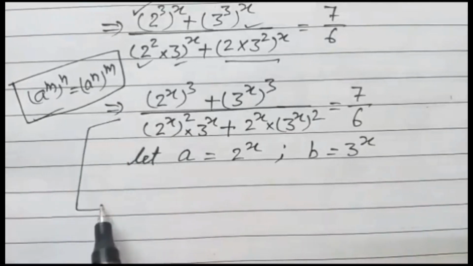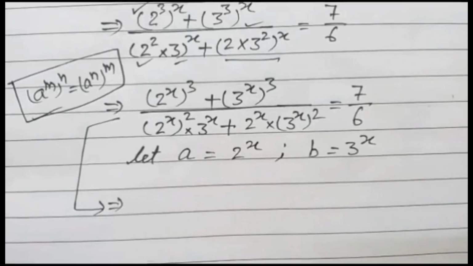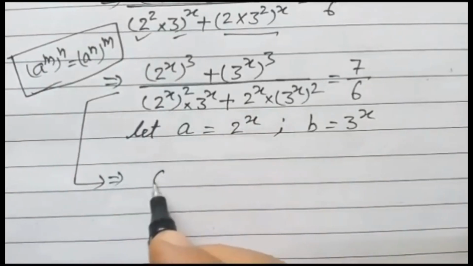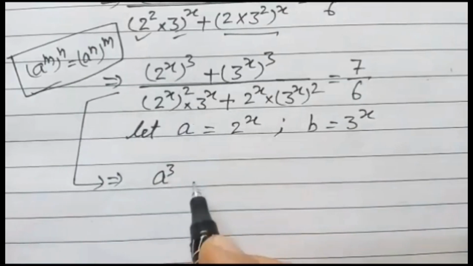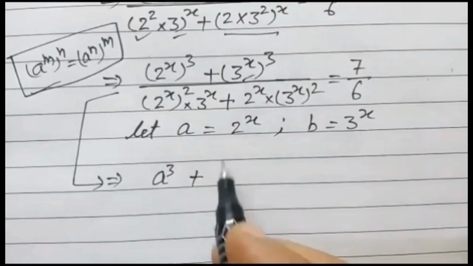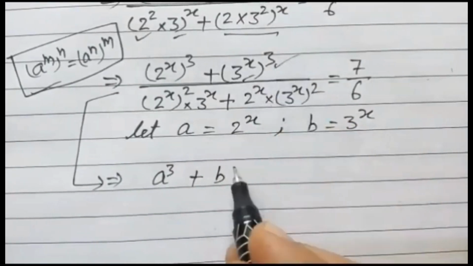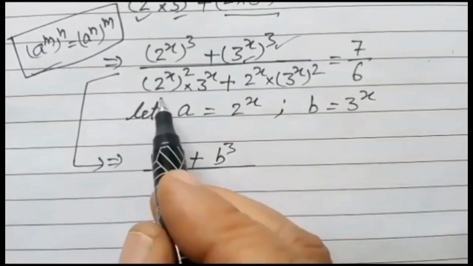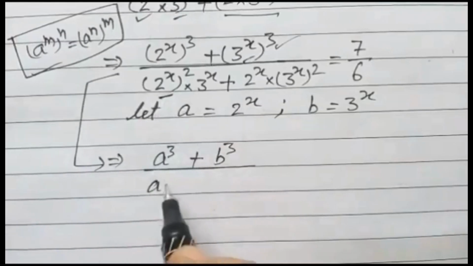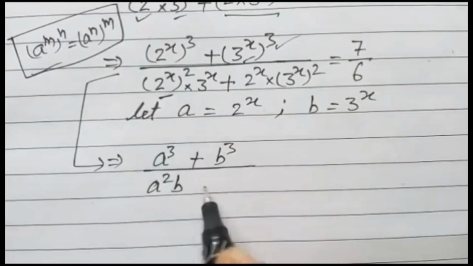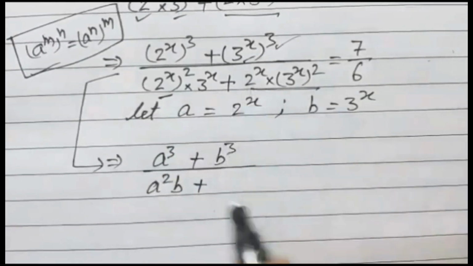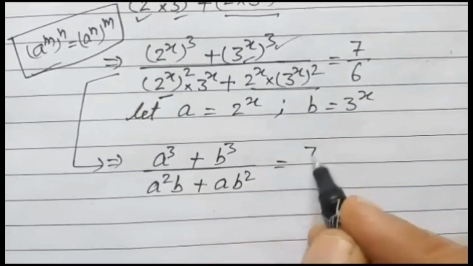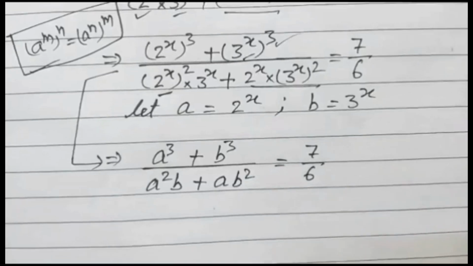So this equation will change as a^3 plus b^3 over a^2 b plus a b^2 is equal to 7/6. Okay.